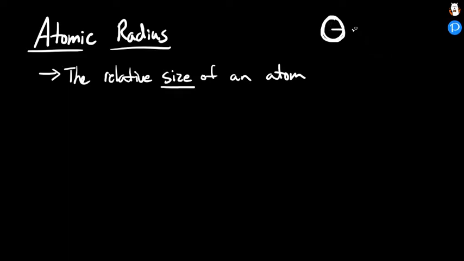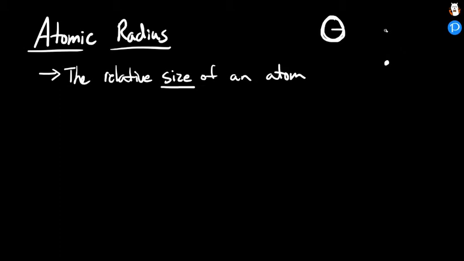Remember, the outer edge of an atom consists of those valence electrons. Let's say I've got an atom here, with its nucleus of protons and neutrons. Unlike the edge of a golf ball or a baseball, the edge of an atom is not really defined.